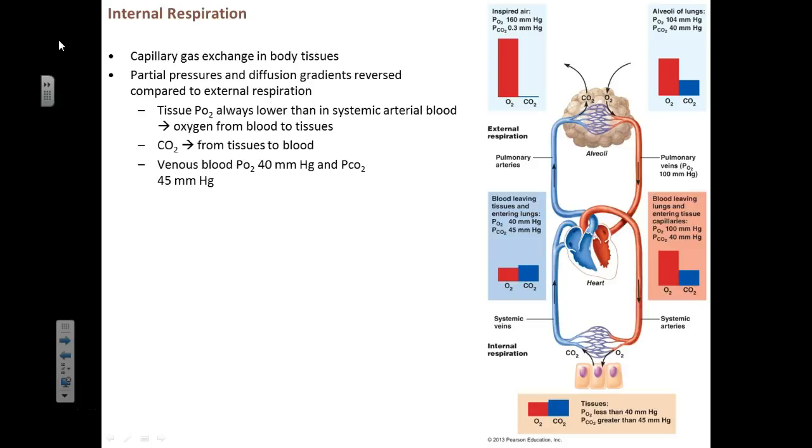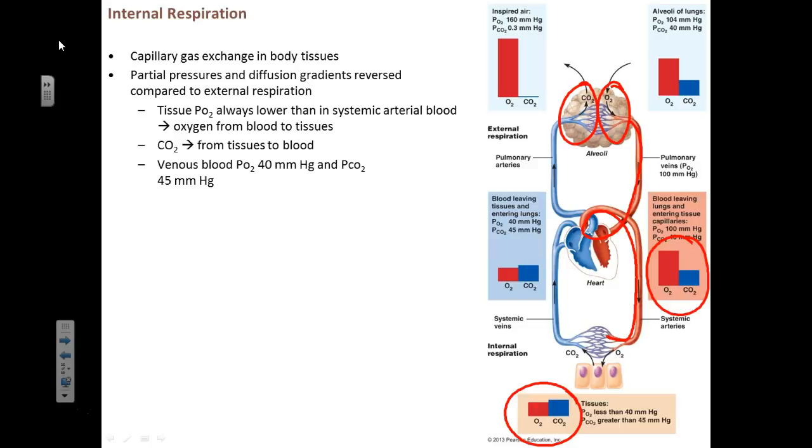So finally, you've got oxygen in the blood, you've got CO2 out of the blood, and oxygenated blood gets into the tissues. The partial pressure of gases in the tissues is different from the partial pressure of gases in the blood. Oxygen in the blood has a partial pressure of about 100 millimeters of mercury.